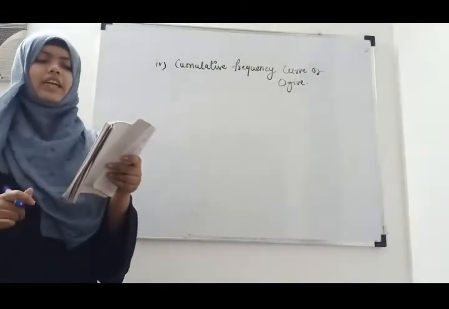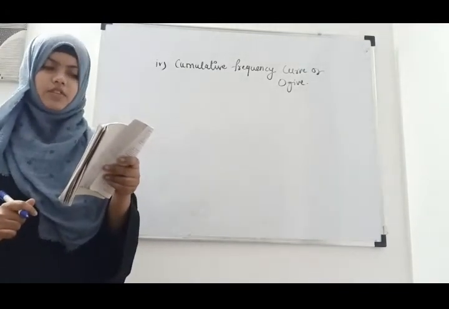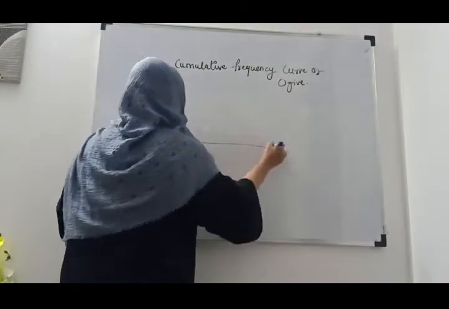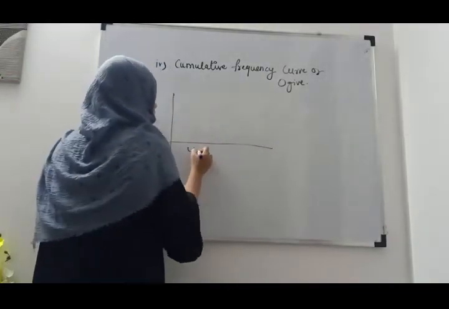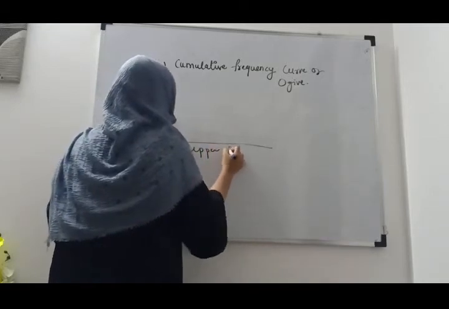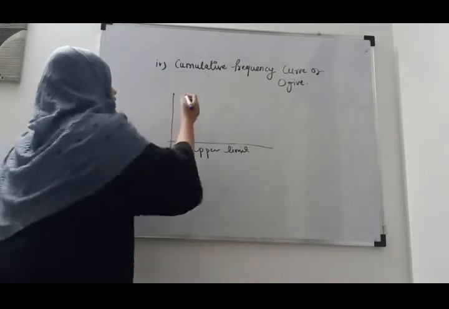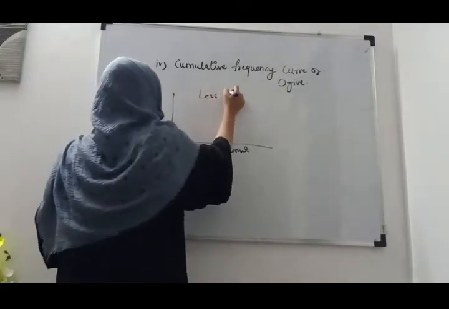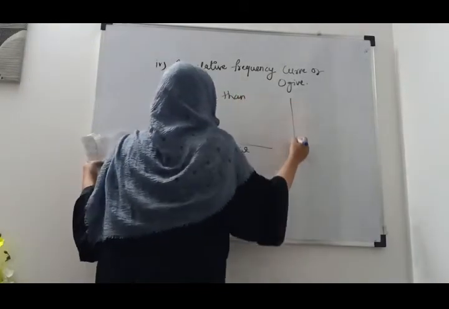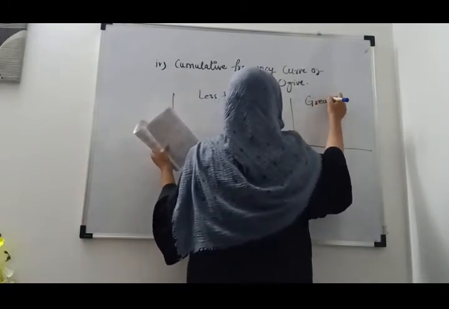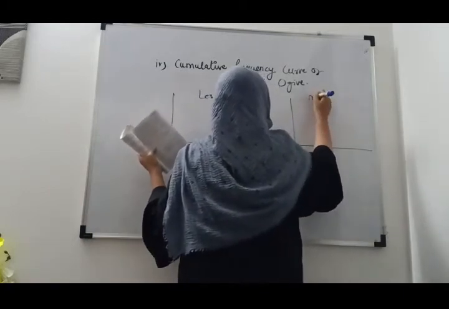For the less than type of cumulative frequency curve, the upper boundaries of the classes are taken on the x-axis. So you have to take the upper limits or the upper boundaries. Okay, and this is the less than type. And here we will take the more than type.